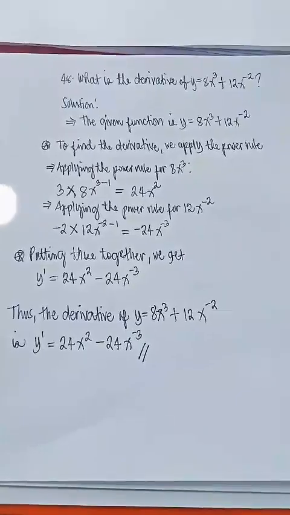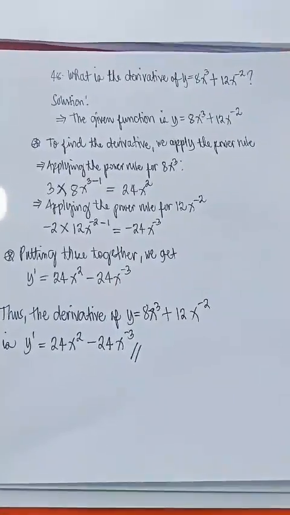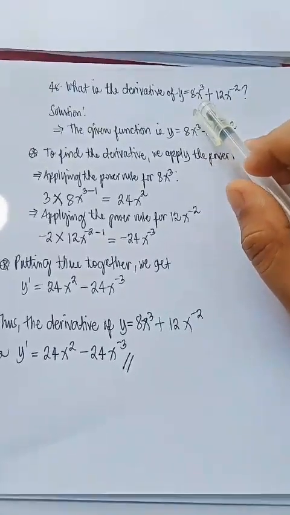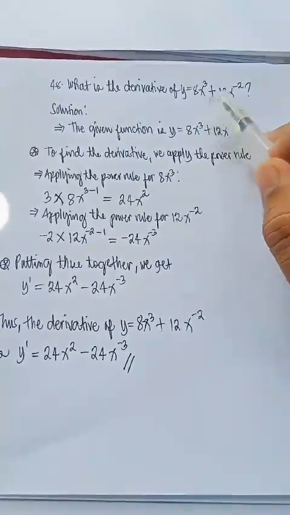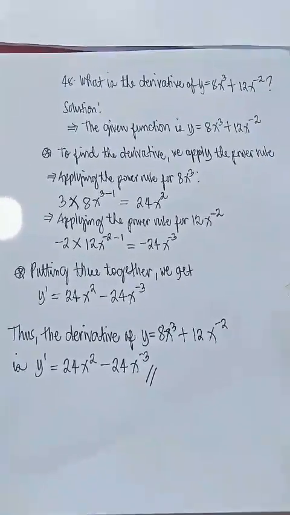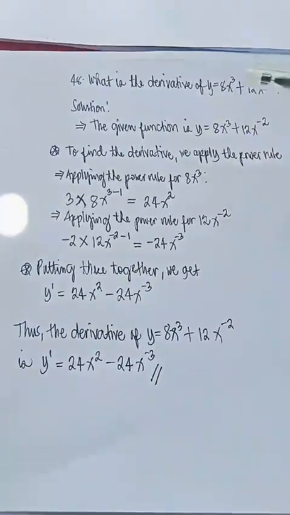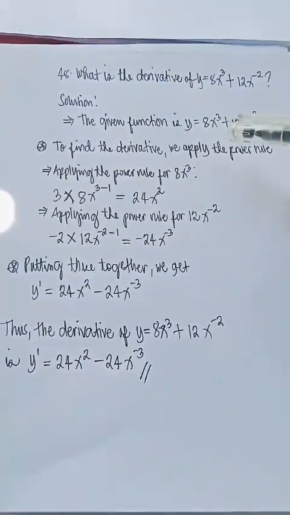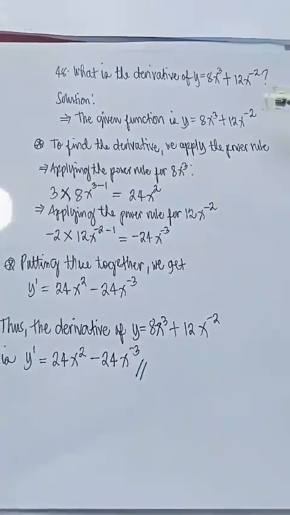Problem number 48. What is the derivative of y equals 8x cubed plus 12x raised to negative 2? Our solution goes like this. The given function is y equals 8x cubed plus 12x raised to negative 2.